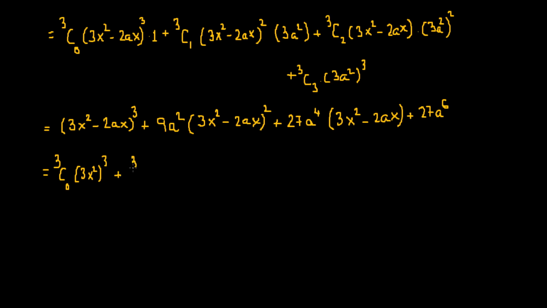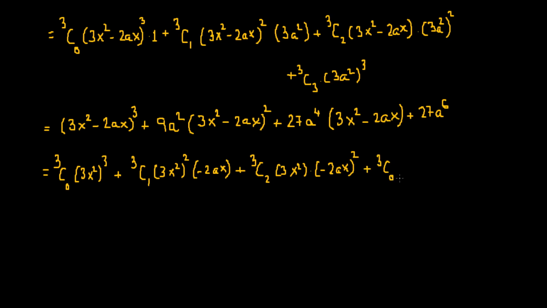So I'm rewriting it. 3C1 is 3x squared raised to the power of 2 times negative 2ax plus 3C2 3x squared times (negative 2ax) whole squared plus 3C3, so (3x squared) raised to the power of 0 is 1, so skipping that one as well, so (negative 2a) raised to the power of 3.